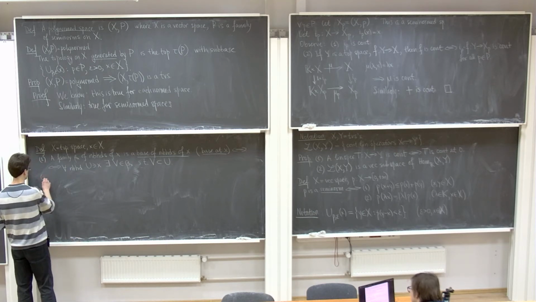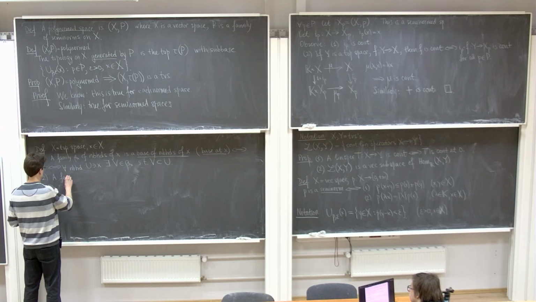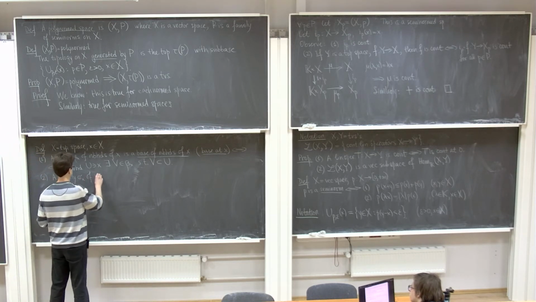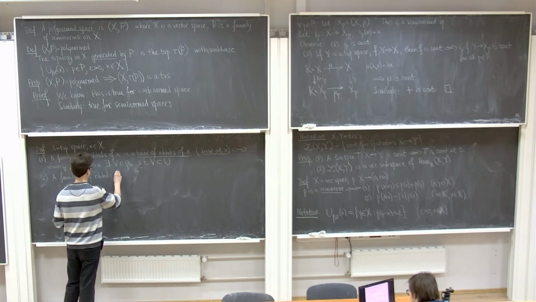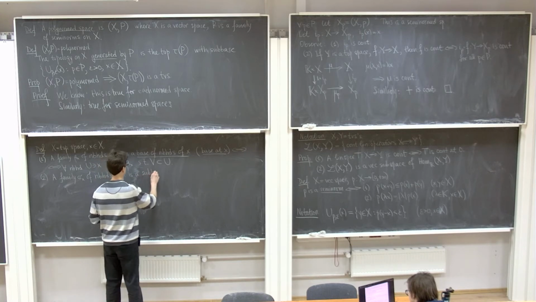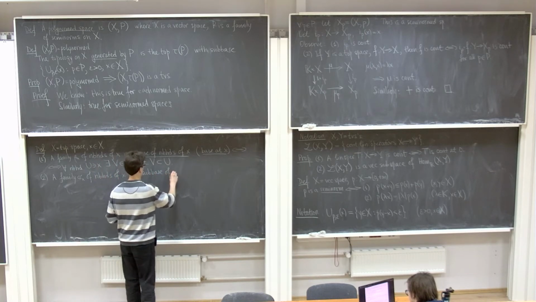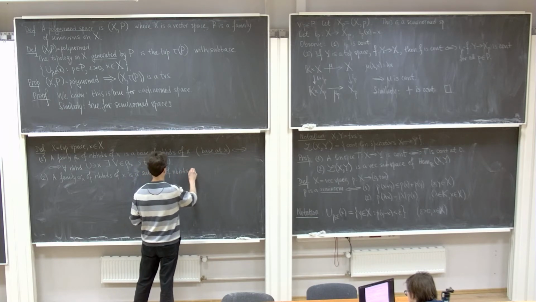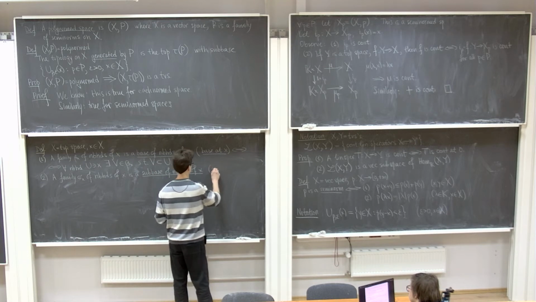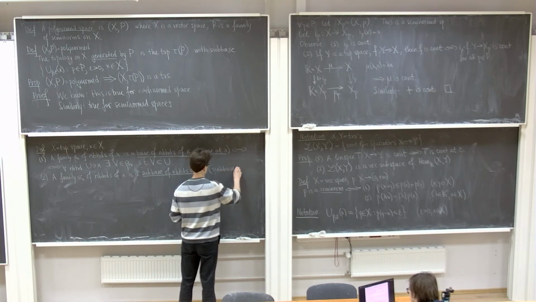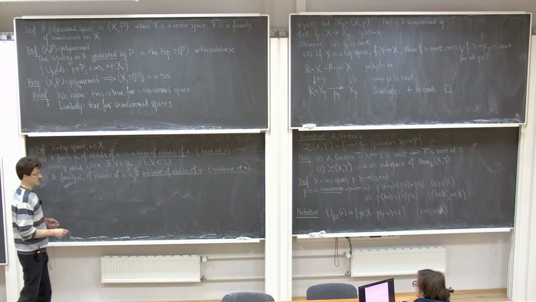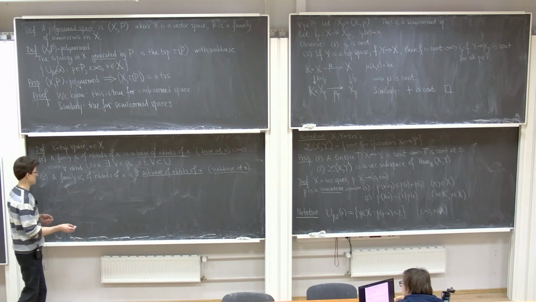And definition 2: a family sigma_x of neighborhoods of x is a subbase of neighborhoods of x, or a subbase at x, if it becomes a base after adding arbitrary finite intersections.